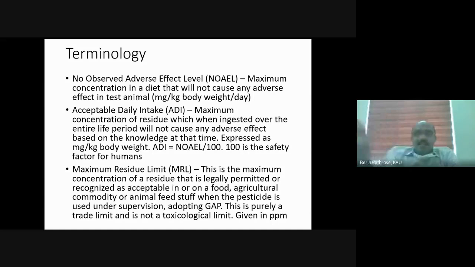You might have screened it against insects and found that it is very effective against insects, so you are satisfied with its insecticidal activity, but you have to check its toxicological significance, whether it is toxic to other organisms.